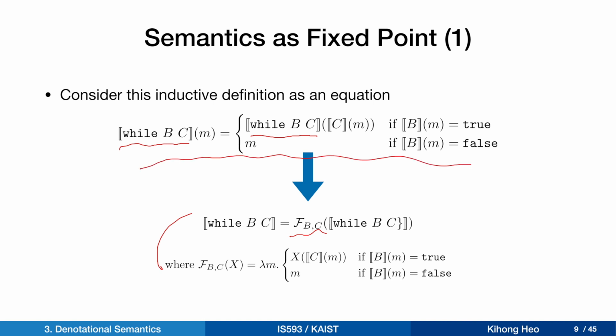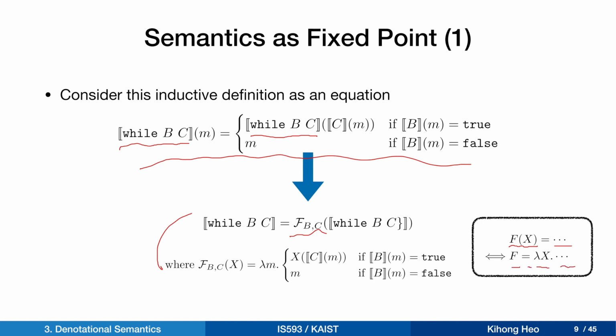Okay. By the way, for someone who is not familiar with the lambda notation, here is the description. This lambda notation just simply represents a function. So this notation f of x equals blah blah is actually the same as f equals lambda x blah blah.